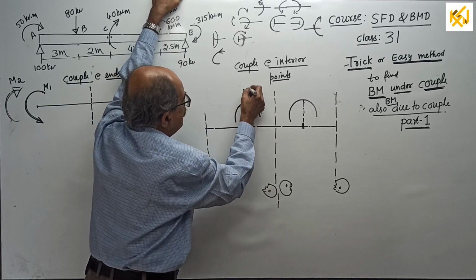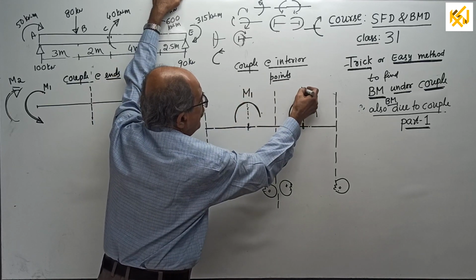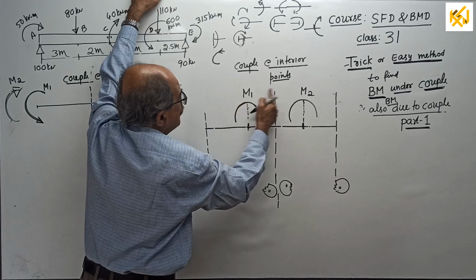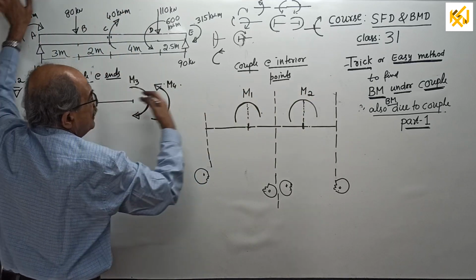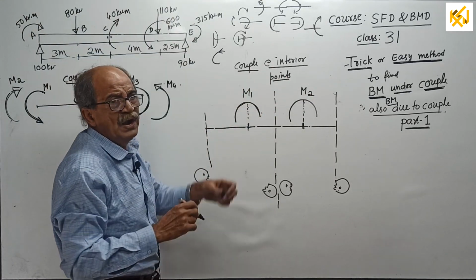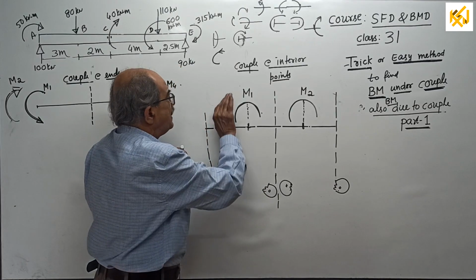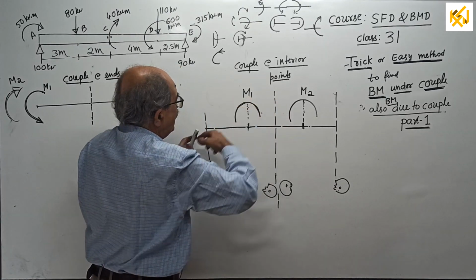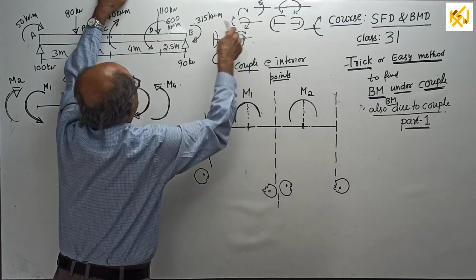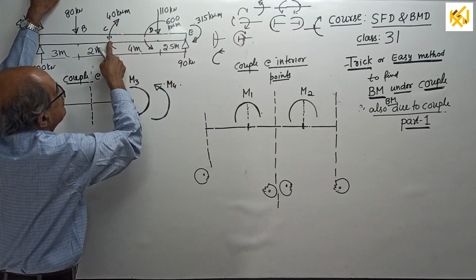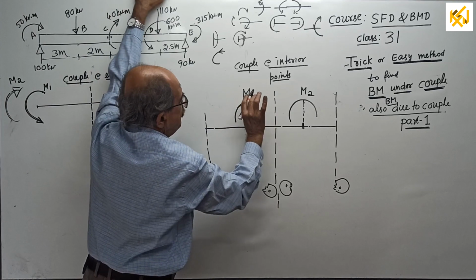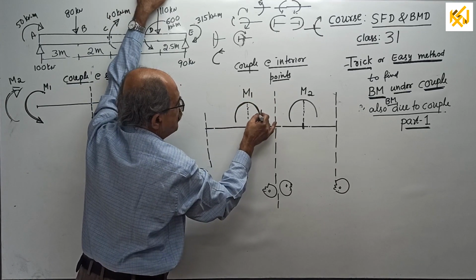I'll take one of them as M1, one of them as M2. Only two are required. This M1, M2 is not the earlier M1, M2. Separate. Now, always remember, write like this. Never write like this way. If it is clockwise, mark this way.